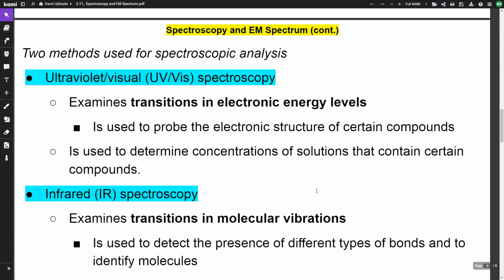We actually have a device that we're going to be using in class to do a lab with this to determine the concentration of something just based on what we measure in the lab. And it's pretty accurate. The other one that we have is infrared spectroscopy, and this examines transitions in molecular vibrations. It's used to detect the presence of different types of bonds and to identify molecules.